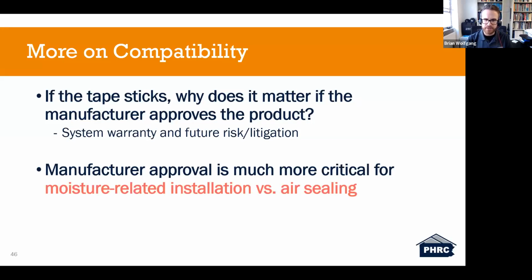Often an air sealing detail isn't part of this overall systematic approach to a drainage plane or a water-resistant barrier. But if you're incorporating a tape into a flashing detail that's part of a water-resistant barrier system, you have to make sure that that tape is approved by that water-resistant barrier and by that house wrap manufacturer.